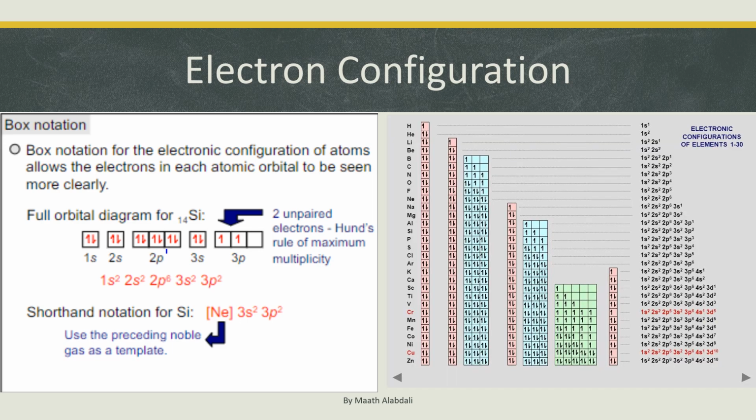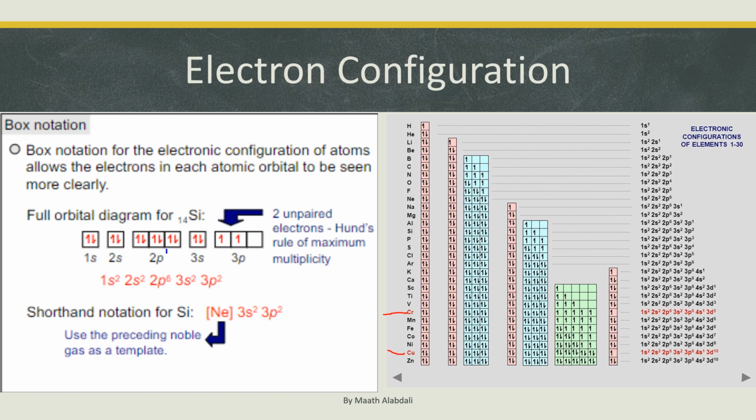Now this is an electron configuration all the way from hydrogen to zinc, so from 1 electron to 30 electrons. Now I'm going to mention this is very important, and since it is an exception, it's likely that it's going to come up in the exam. Chromium and copper. Chromium is going to have, at the end, an electron configuration of 4s1 and 3d5.